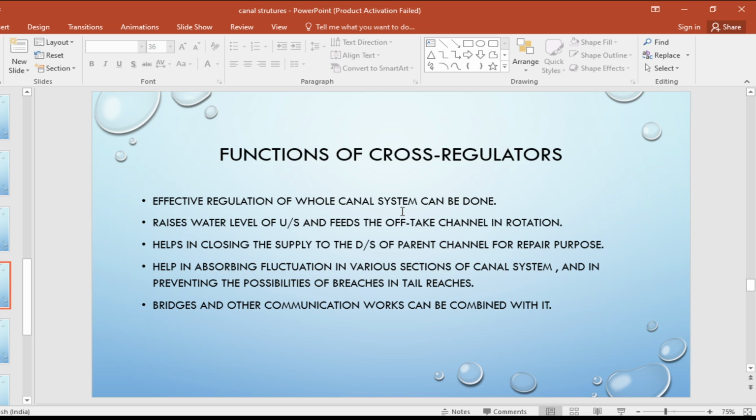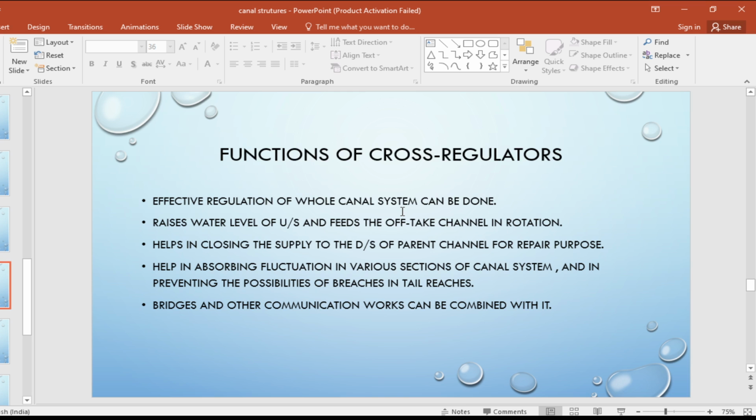Okay, when a low discharge condition is there, then cross regulator will raise the water level at the upstream and feed up the offtake channel. And that feeding is rotatory feeding. Okay, in rotation it will feed the offtake channel in a low water period, or a low discharge period.